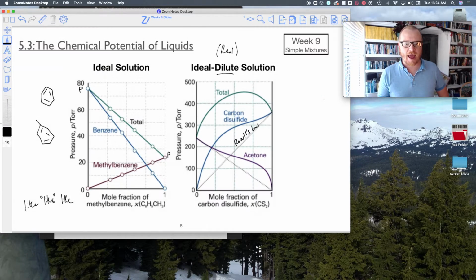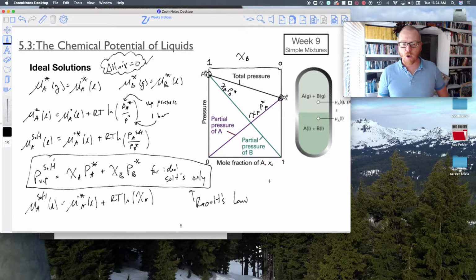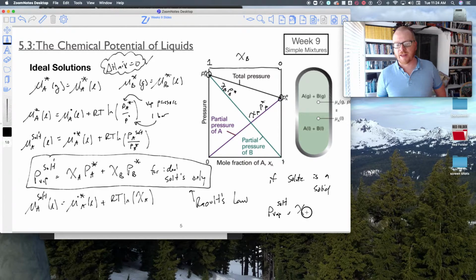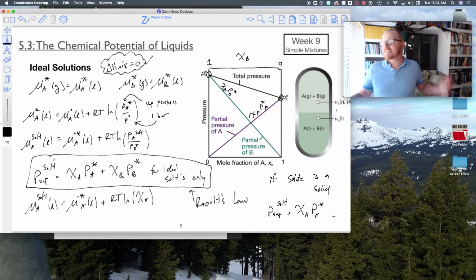So let me actually back up and say, on Raoult's law here, if the solute is a solid, and it makes an ideal solution, then the vapor pressure of the solution is only given by the solvent. So maybe chi A times PA star, and that's it.